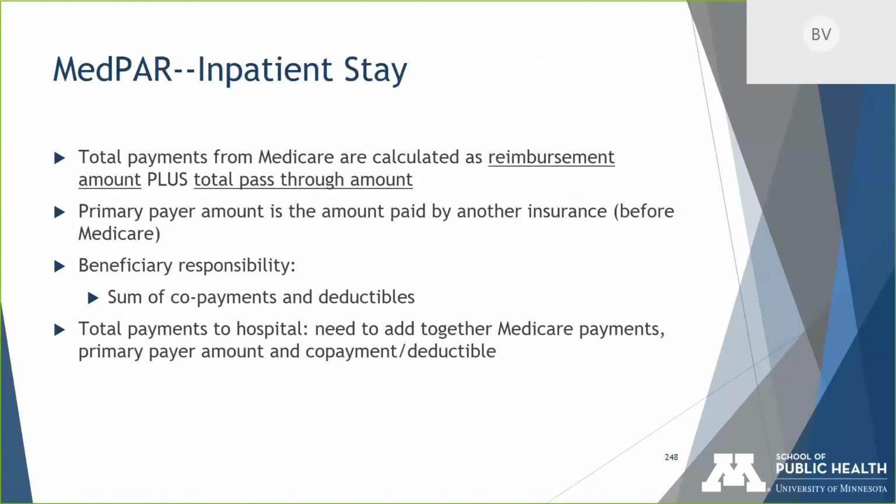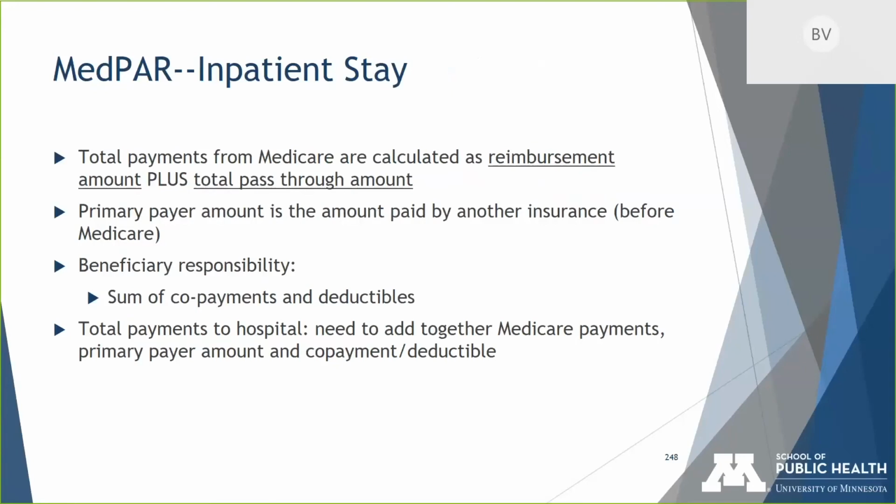Now, pass-throughs are things that Medicare wants to pay to the hospital on the basis of, sometimes they pay things like indirect medical education based on billed Medicare days. So they're not paying it based on the DRG that's being billed, but they're paying it because they owe it to the hospital. It's policy mandated that they're going to pay X amount per day. So there's a total pass-through amount on the MedPAR that's already multiplied by the days of utilization, so you can just use reimbursement plus total pass-through.